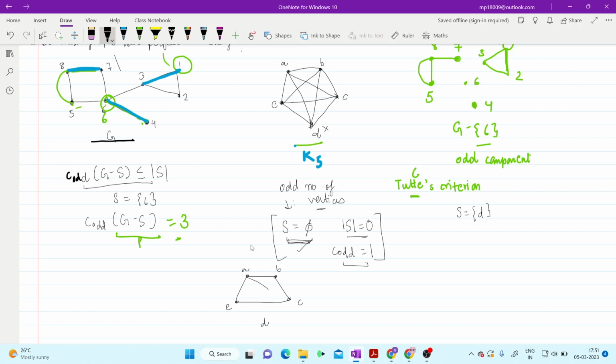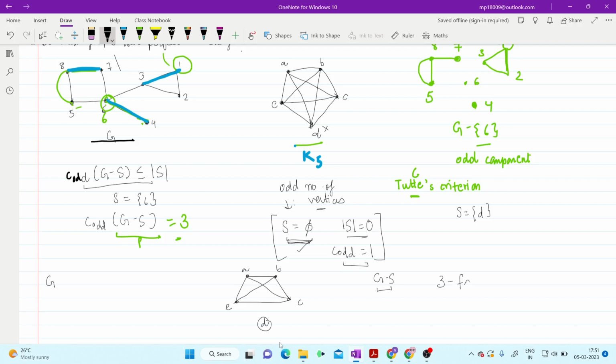Because we are getting a subgraph with all vertices of degree 3. But what about D? Oh, ma'am, we are not including that in G. But we are taking G minus S, and S includes only the vertex D. But a three factor is... you are saying this graph.